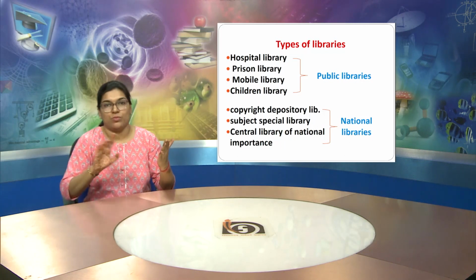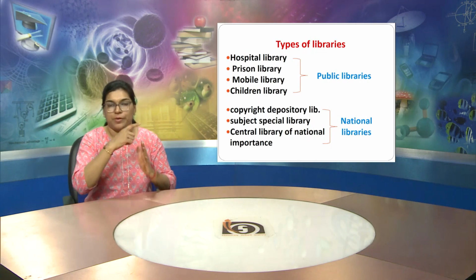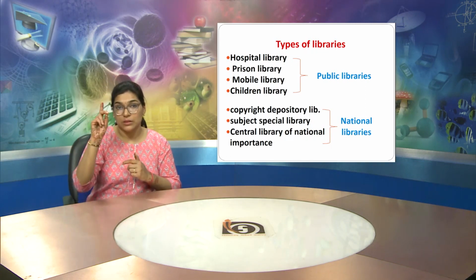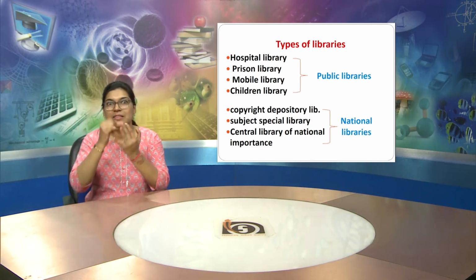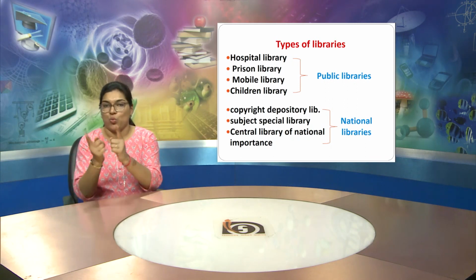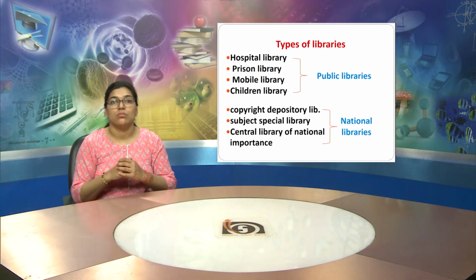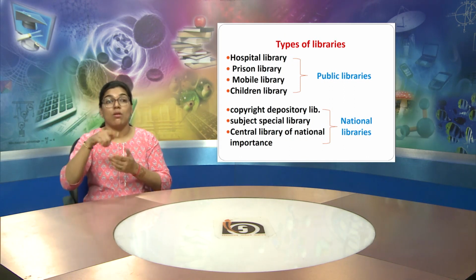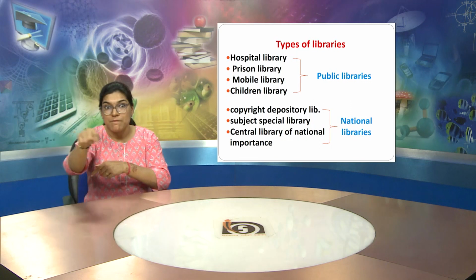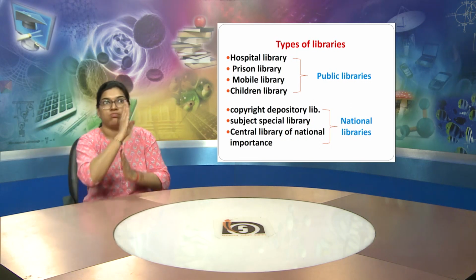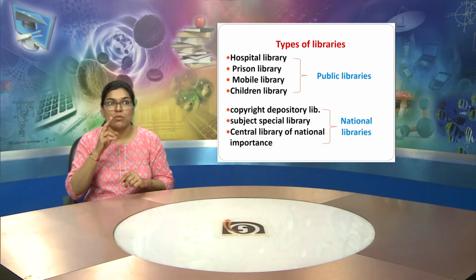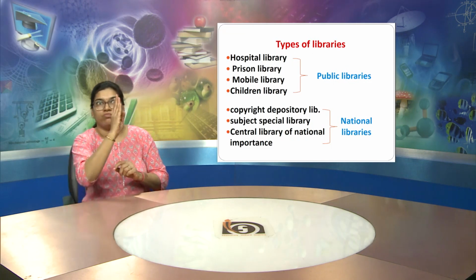It has all the material which has copyright, so no one can copy all those contents. Another type of national library is the subject special library. And the third main type of national library is the central library of national importance.